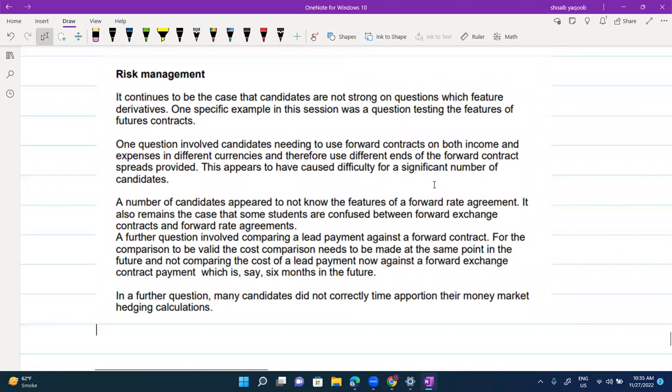It continues to be the case that candidates are not strong on questions which feature derivatives. One question, please read this.